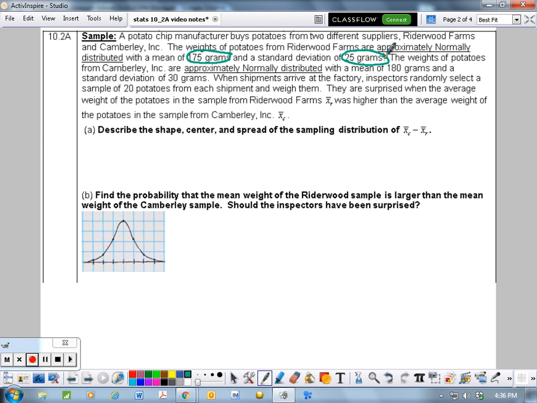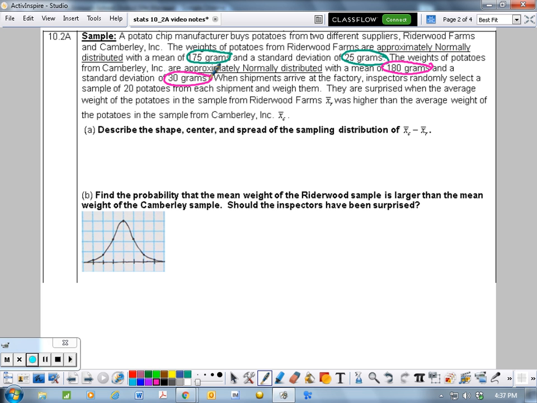Now the weights of potatoes from Camberley are approximately normally distributed with a mean of 180 grams and a standard deviation of 30 grams. When shipments arrive at the factory, inspectors randomly select a sample of 20 potatoes from each shipment and weigh them. They are surprised when the average weight of the potatoes in the sample from Riderwood Farms was higher than the average weight of potatoes from the sample from Camberley Inc.